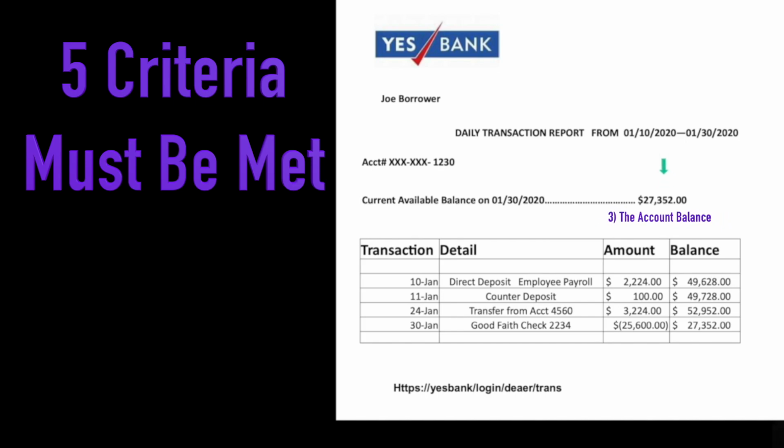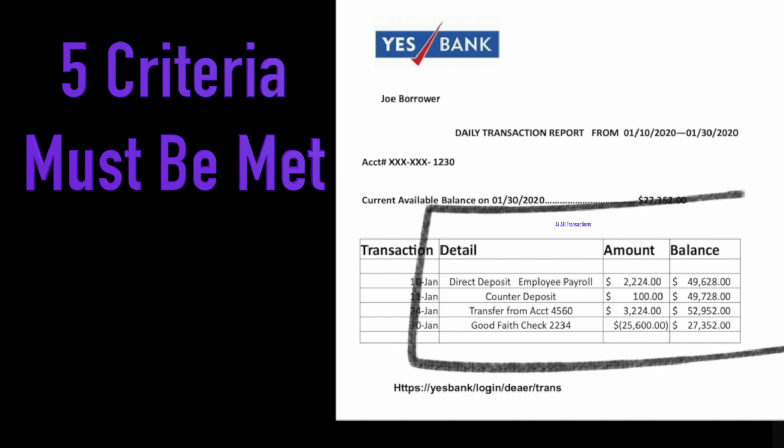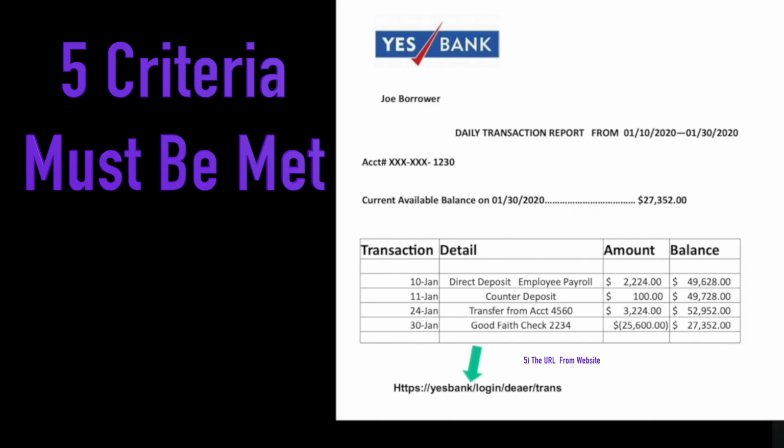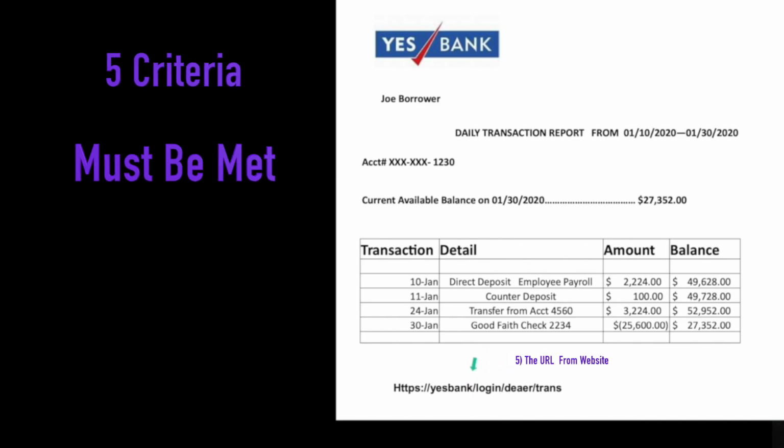In this example, the last transaction date is January 30th, and it shows the balance on January 30th. Fourth, it must have a list of all the transactions during that period of time. And fifth, it must have the URL at either the top or the bottom of the page to show that it came from the bank's website.